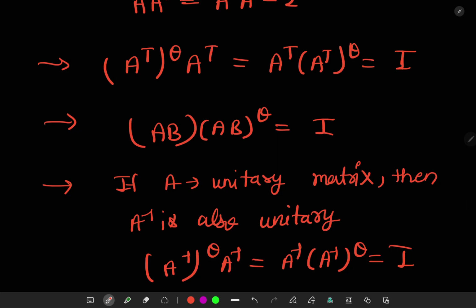If A and B are unitary matrices, then AB is also a unitary matrix.